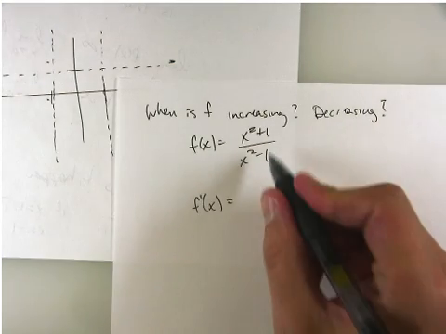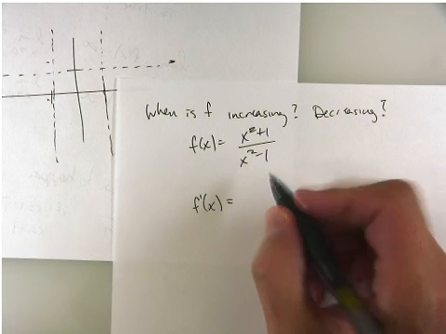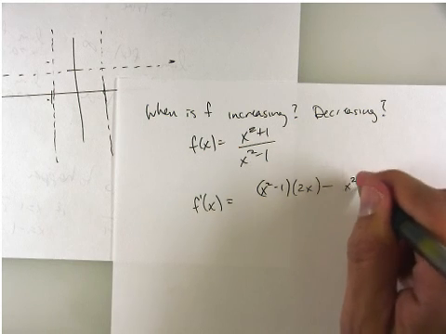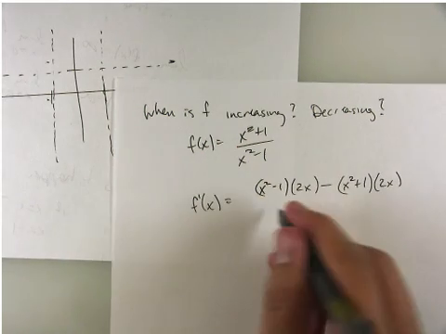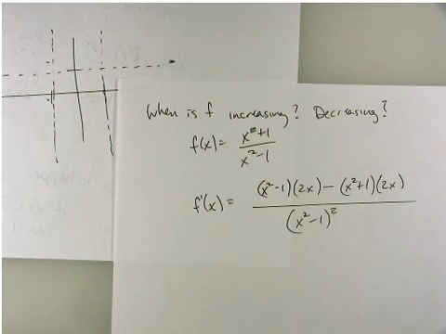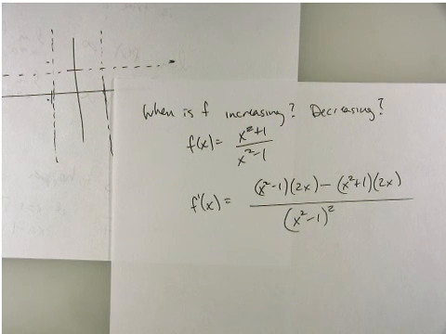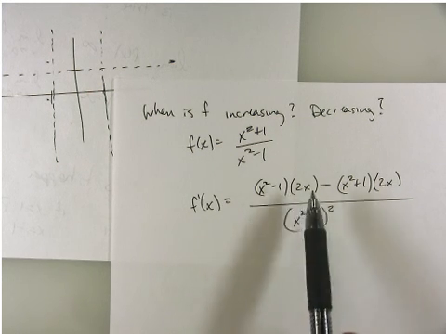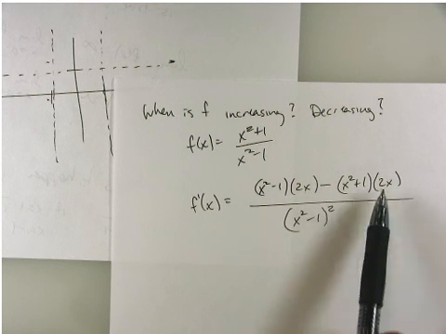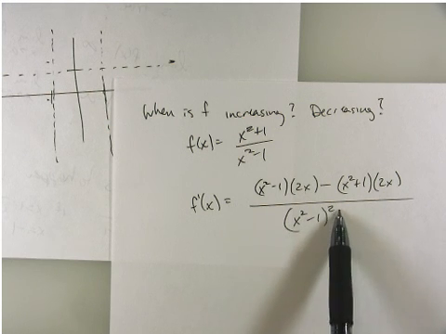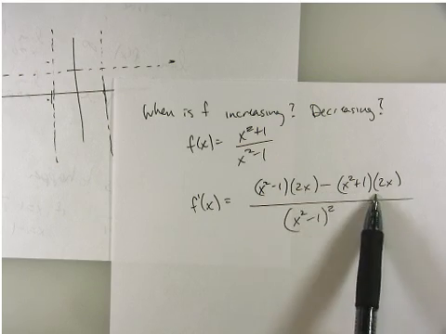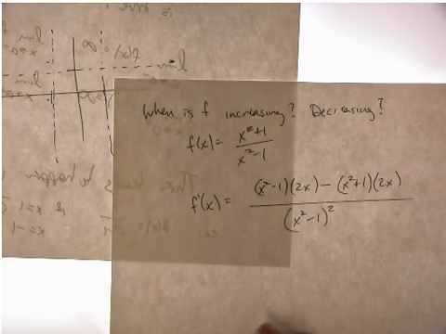Let's see, it's a quotient, right? So low d high minus high d low divided by the square of what's below. Okay? So here's the derivative. The bottom function times the derivative of the top function minus the top function times the derivative of the bottom function divided by the bottom function squared. Low d high minus high d low over the square of what's below.